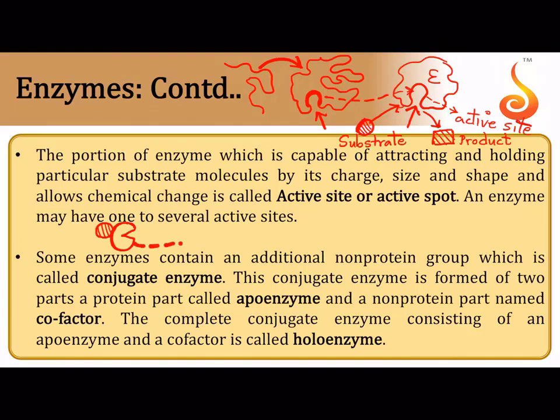Now this protein part of the enzyme is referred to as the apoenzyme, and generally this additional substance that needs to bind to an enzyme to help it catalyze the reaction, we call this either a coenzyme if it is organic in nature, or a metal ion, or a substance called prosthetic group.